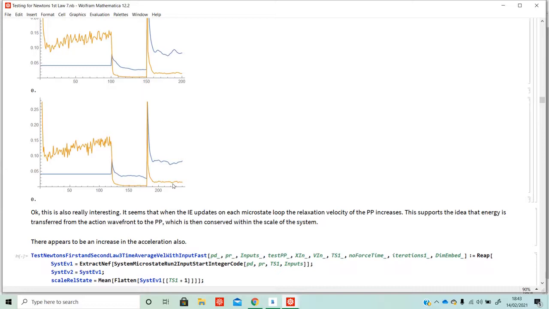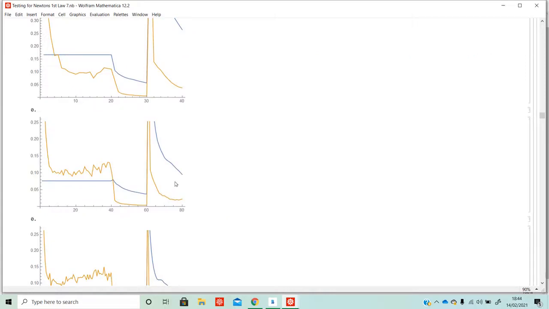So I believe that at much larger time steps, this acceleration will actually go to zero. This acceleration is to do with the fact that the particle's being pushed to the outside of the state graph and being pulled back in by the other point particles. So I think this will not happen at larger time differences.